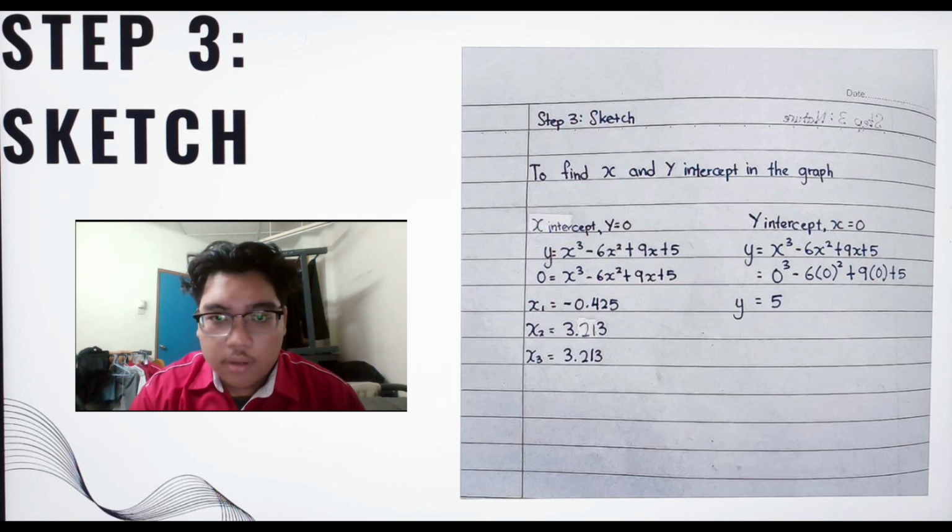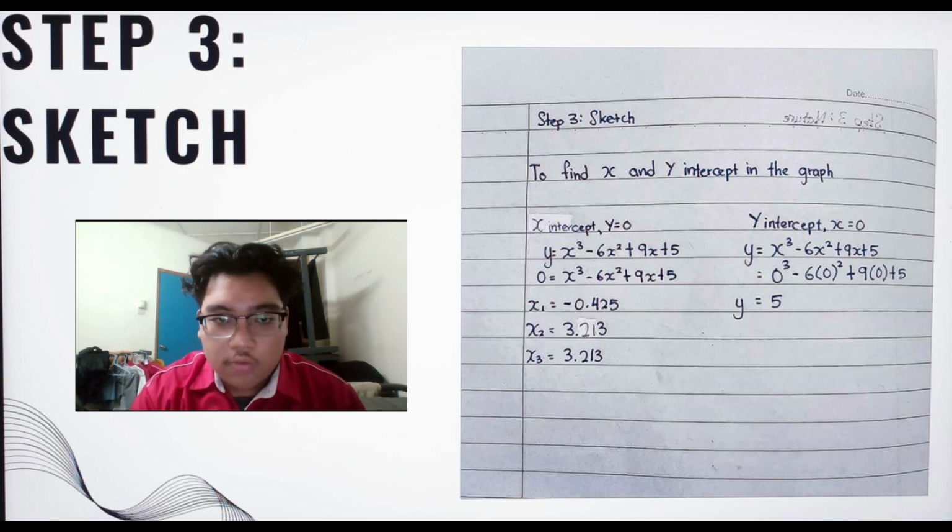To sketch the graph, we need to find the x and y intercepts. When you want to find the x-intercept, y must be equal to 0. The equation y equals x power of 3 minus 6x square plus 9x plus 5 becomes 0 equals x power of 3 minus 6x square plus 9x plus 5.